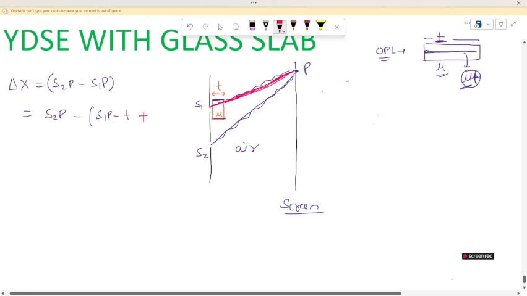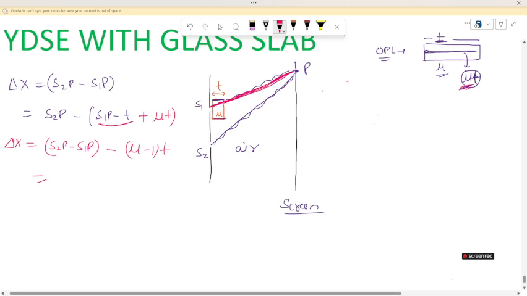Now this distance is considered not t but mu t by this concept. First I added the air distance, then I added the mu t distance because in this medium it will travel mu t distance. So this will be the path difference: S2P minus S1P minus (mu minus 1) into t.